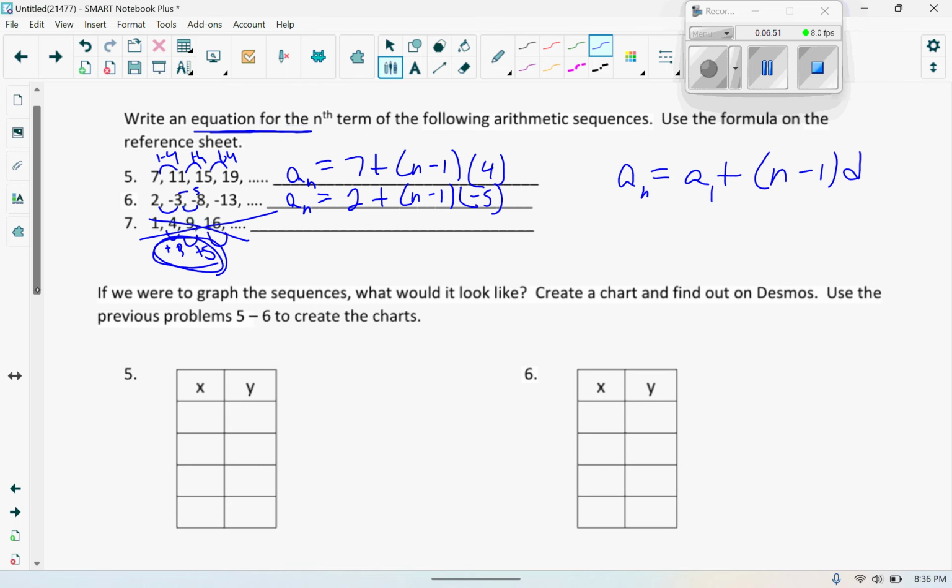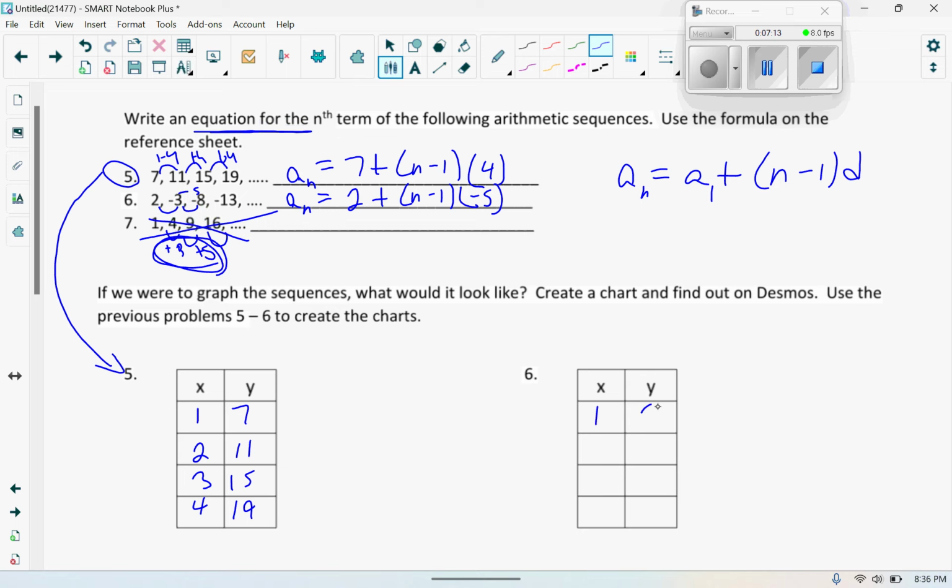Okay, so let's talk about if we wanted to incorporate Desmos into this, what would this look like as an XY chart? Well, let's look at number 5. Our first term is 7, our second term is 11, our third term is 15, and our fourth term is 19. Let's do number 6.